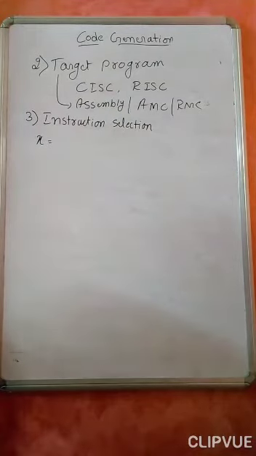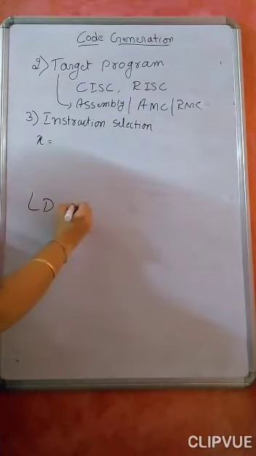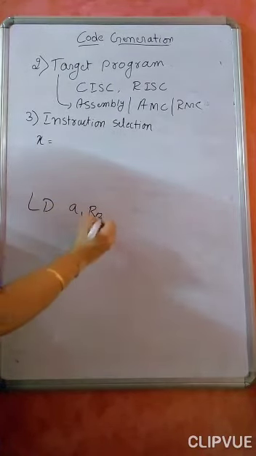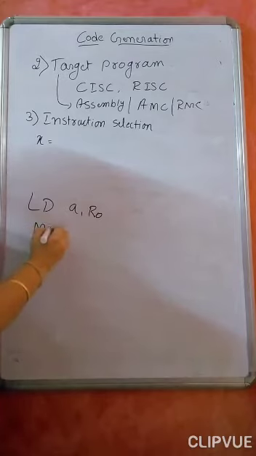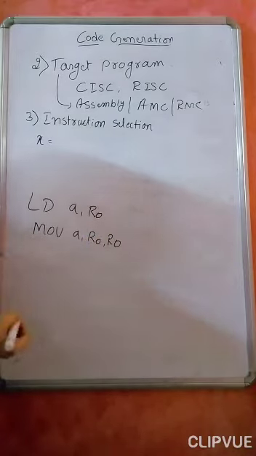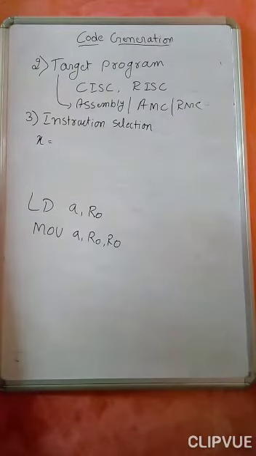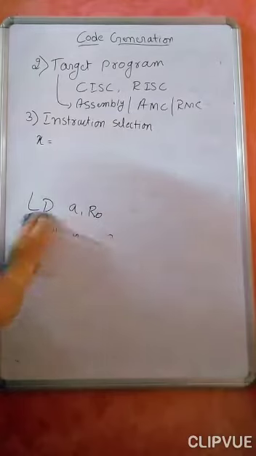You are getting my point. Suppose I am using load of A to R0, that is CISC. RISC means I can use move A R0 like this. It all depends upon which instruction set architecture you are using. Either it can be on this or on this.